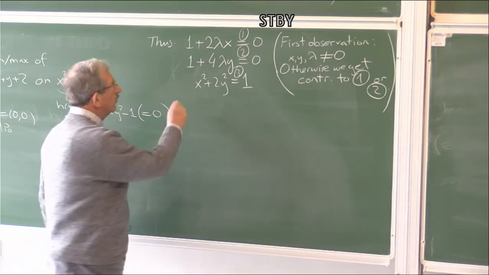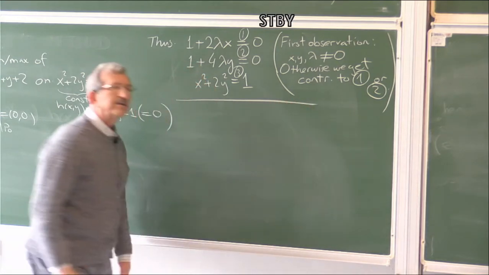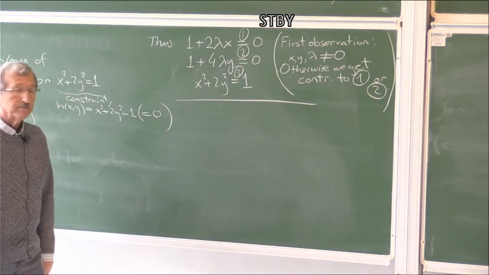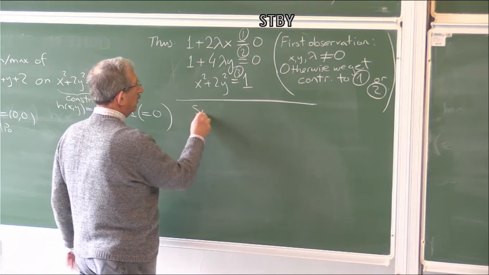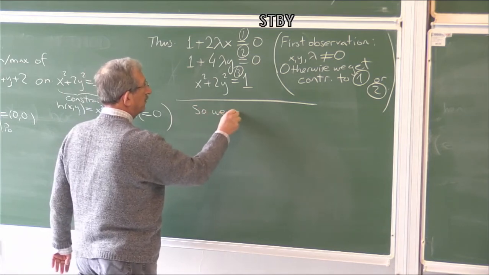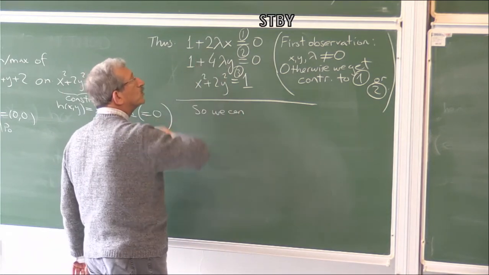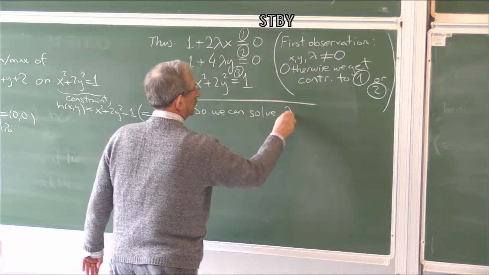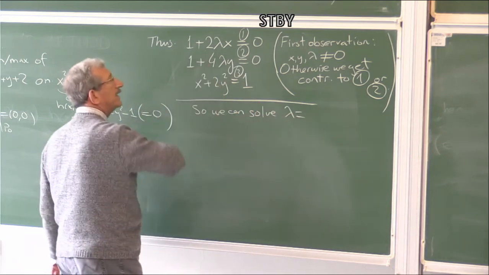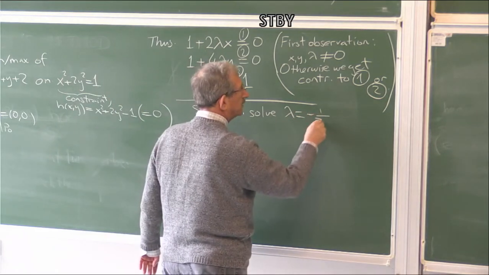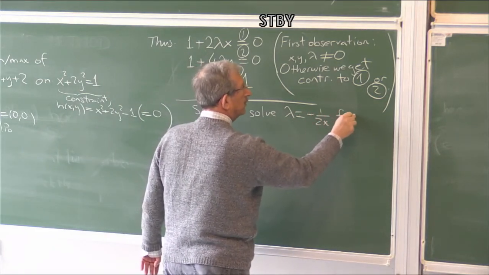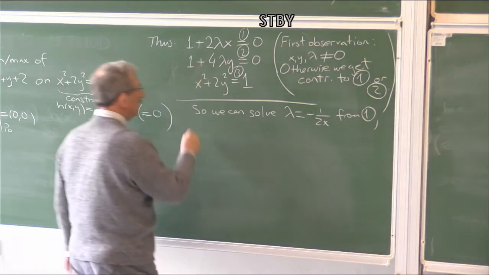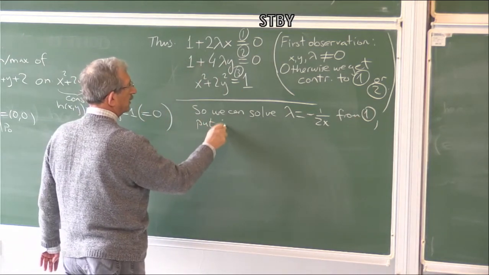Of course, we can try a direct substitution method. We can solve for lambda as minus 1 over 2x from equation 1 and put it in 2.